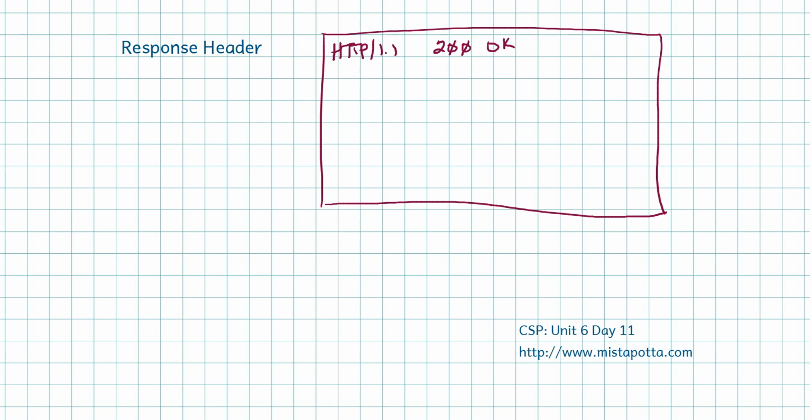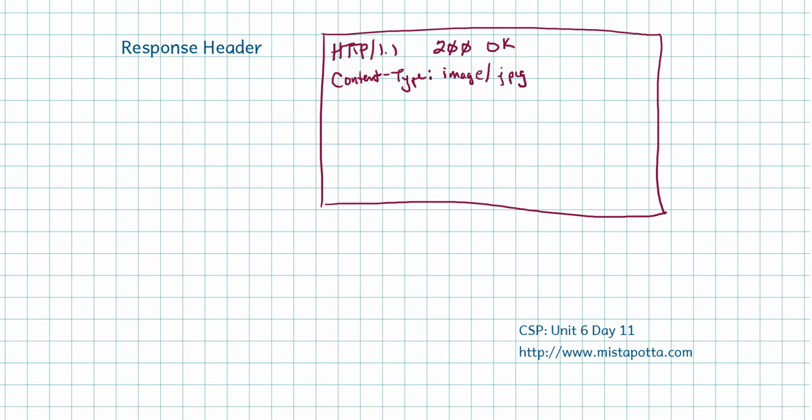And then you're going to see a MIME type, so Content-Type colon, and it's going to tell us what type we're going to get. So here we're getting an image type image/JPEG. And JPEG is a type of image. I could see text/HTML, or I could see audio/MP3, or I could see video/MP4.